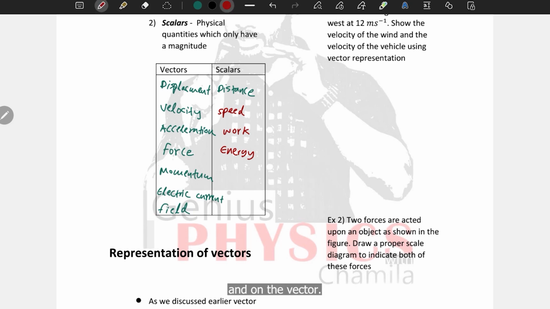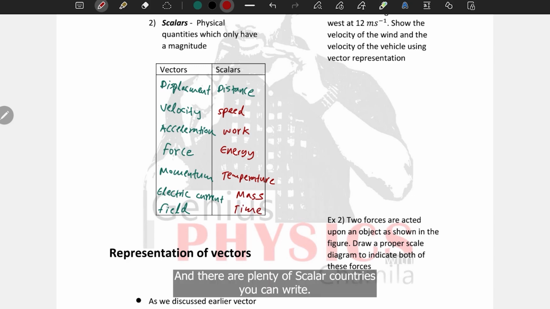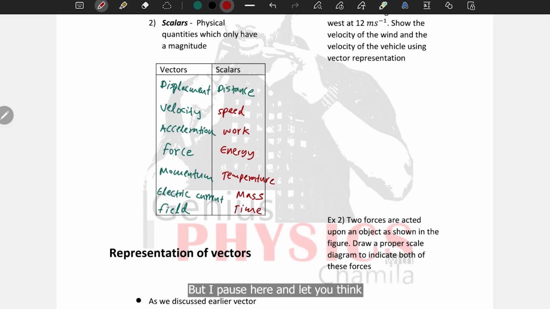And on the scalar side, we can write one more scalar, which is temperature, which doesn't have a direction. And I can write a few more, mass, time, and there are plenty of scalar quantities you can write. But I pause here and let you think and write more if you want.